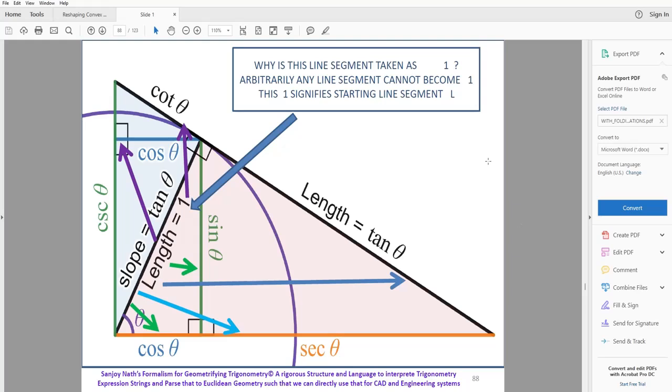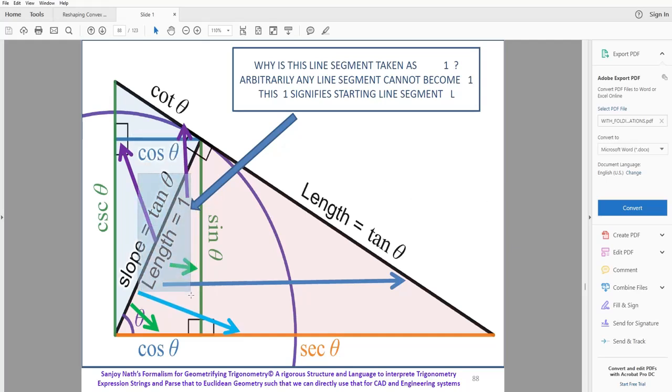Suppose this L is a hypotenuse of a triangle. Now we want to use it as the non-hypotenuse. Suppose this L is the hypotenuse. Suppose we are consuming this L as the hypotenuse and constructing the base, then we use the cos theta.